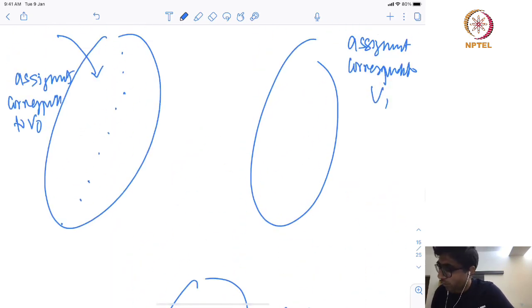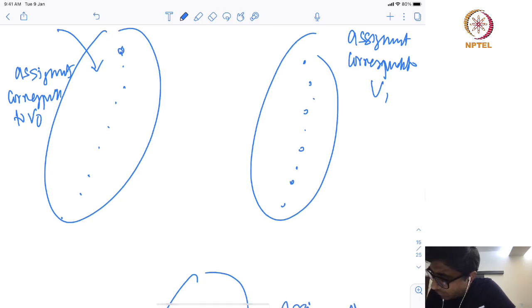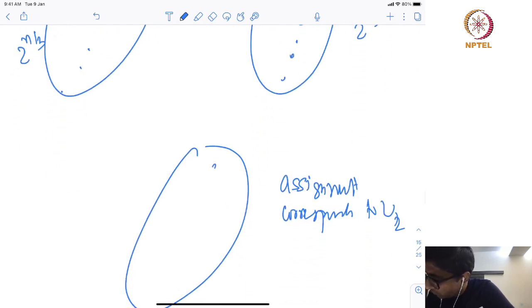Okay. So, you have vertices for these. And basically, these are vertices, right? So, there are 2 power n over 3 of them, 2 power n over 3 of them, 2 power n over 3 of them.